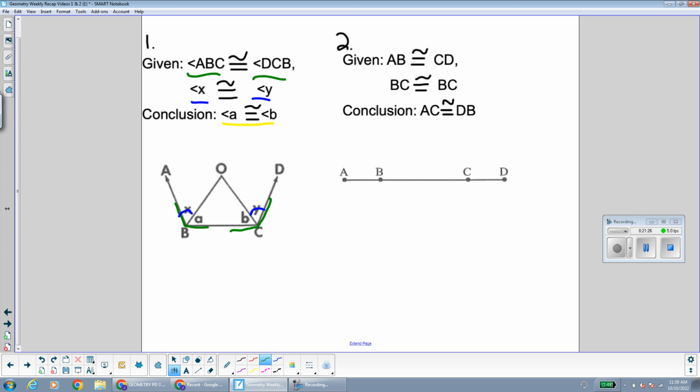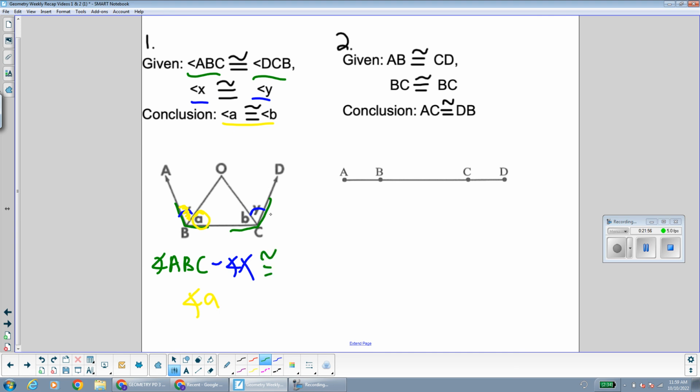When we subtract, like when we do 10 minus 4, 12 minus 6, we always start with the bigger thing so that we don't end up negative. So I'm going to start with the big angle here, angle ABC. And if we take away angle X, we're left over with angle A, which is what we wanted.